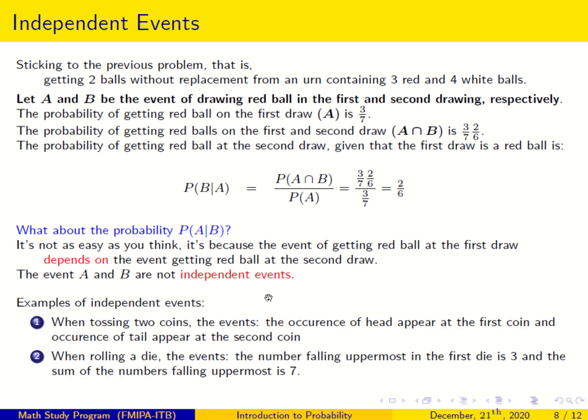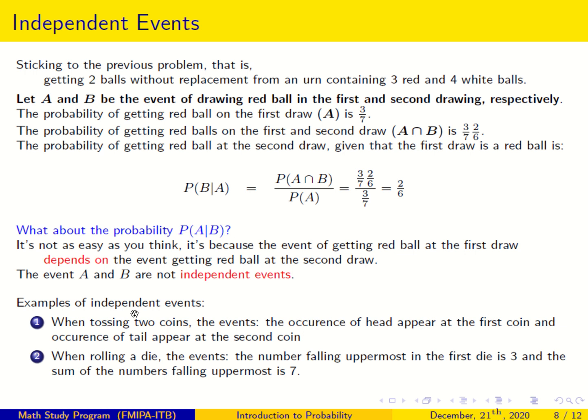In case we have independent events, A doesn't depend on B and B doesn't depend on A. So when A doesn't depend on B or B doesn't depend on A, the probability of A given B is just the probability of A, because A and B are independent events.